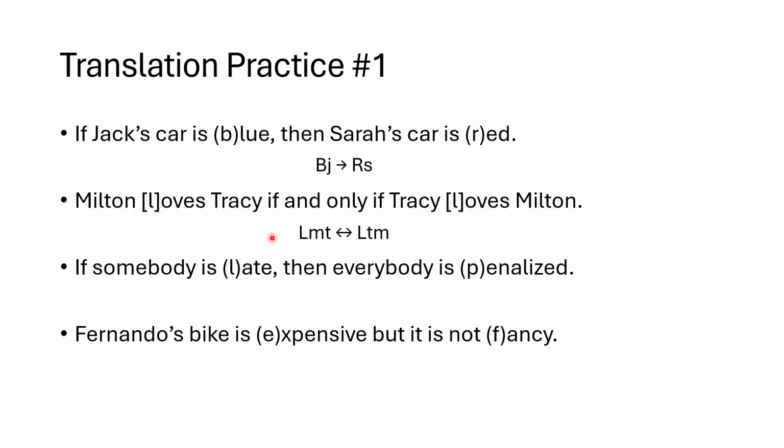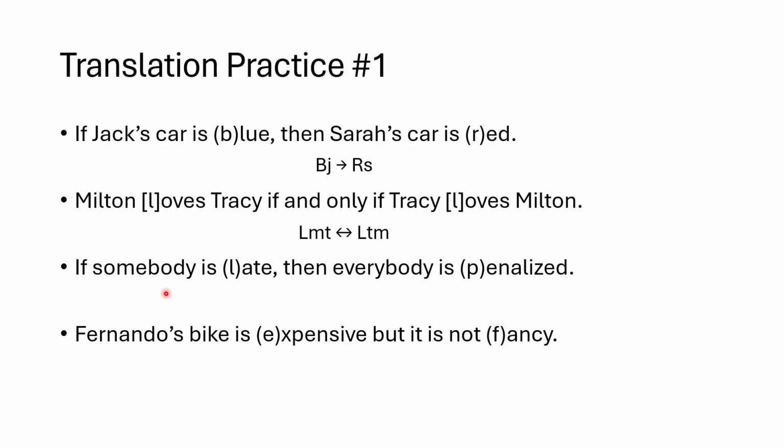L and L both symbolize love, that relationship. On the left side of our biconditional, it's referring to Milton who loves Tracy, and on the right side of the biconditional, it's Tracy who loves Milton. So that's capturing those unique relationships with the same predicate.